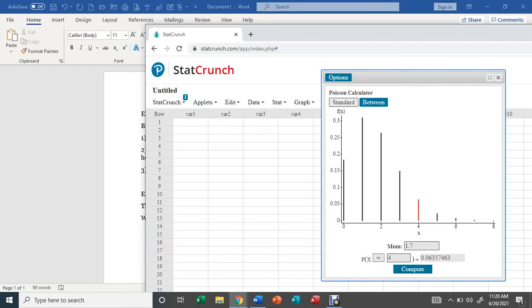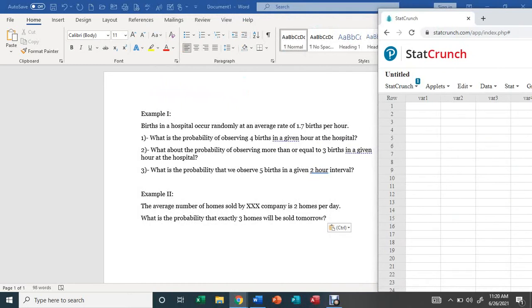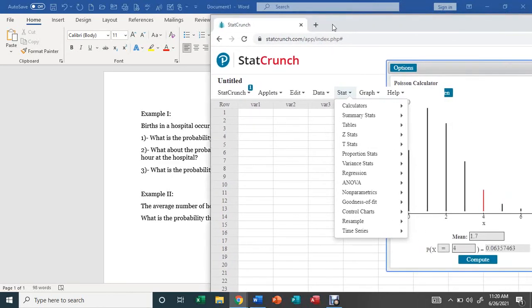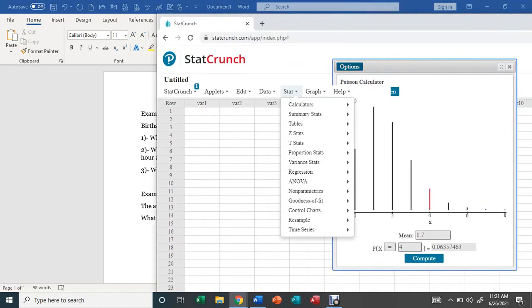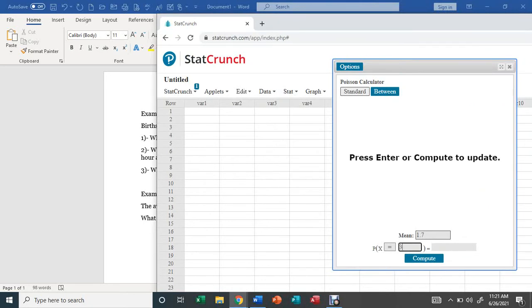So let's see what we can do for the next question. It says, what about the probability of observing more than or equal to 3 births in a given hour at the hospital? So we go again to StatCrunch, and we can start over, or we just make this 3, and it says more than or equal to 3.